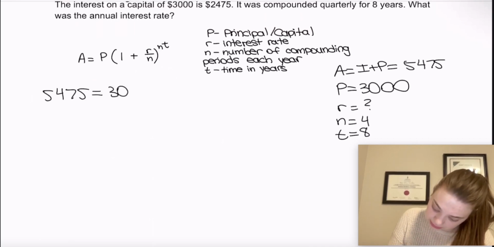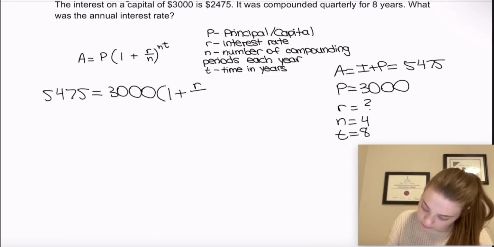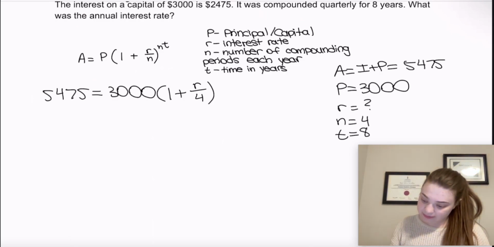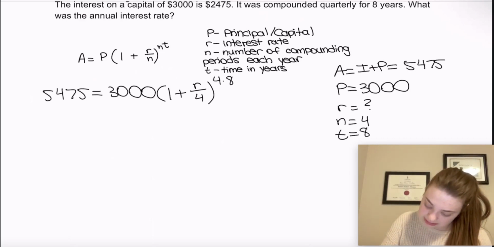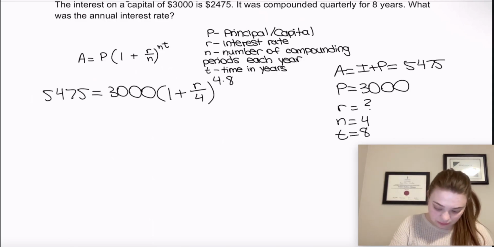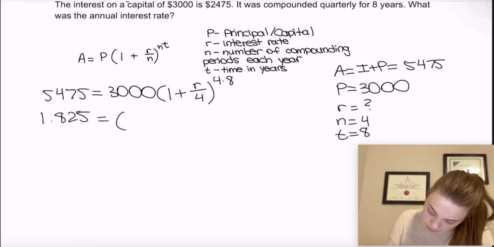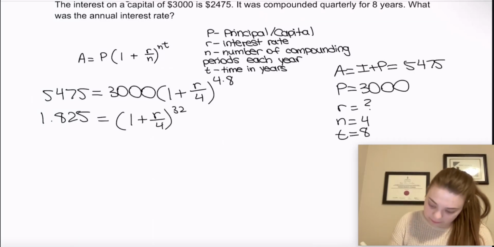That's equal to 3,000 times 1 plus the interest rate over n, which is 4, to the power of n times t. So that's going to be 4 times 8. So in my next step, I'm going to divide both sides by 3,000. So 5,475 divided by 3,000 is 1.825, which is equal to 1 plus r over 4 to the power of 32.